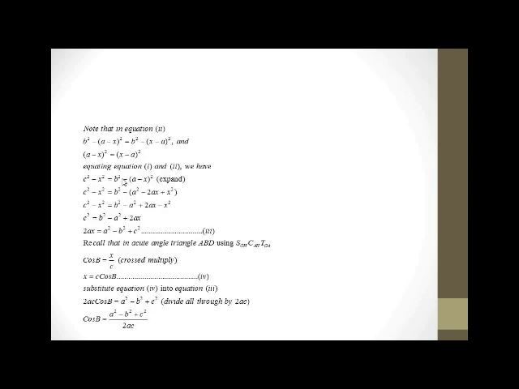Similarly, we generated cos B equal to what we have here, and that simply means our cos A will also give us what we have here, and also our cos C will give us this. Hence, from here, if we make a squared the subject of the relation, by cross multiplying, at the end of the day, we're going to have a squared equal to b squared plus c squared minus 2bc cos A, and b squared equals what we have here, and also c squared equals what we have here.